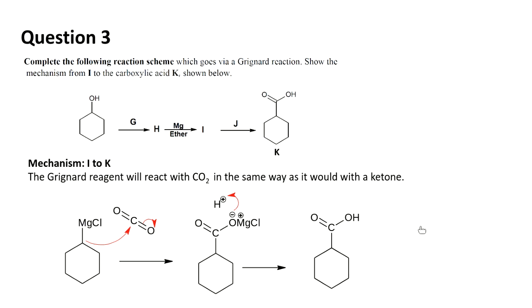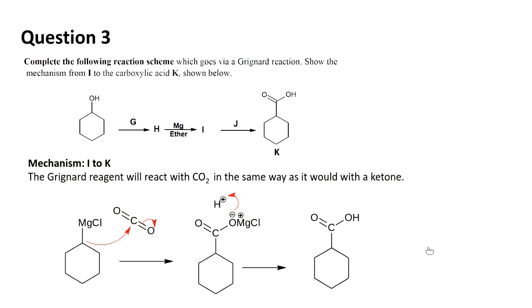So under acidic conditions, remember the easiest bond to break is the O-H bond, it's a protonation. Once in solution, this acid will deprotonate. So if you have extra Grignard in the reaction, it will actually form the alkane. It will form cyclohexane. It will protonate the Grignard to form cyclohexane if there's extra Grignard in the reaction.